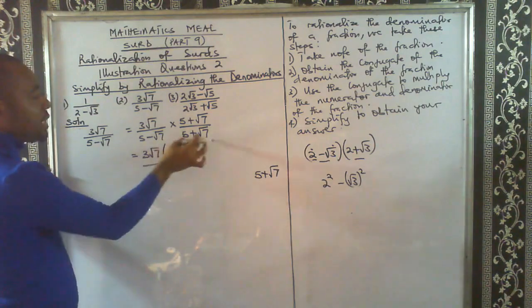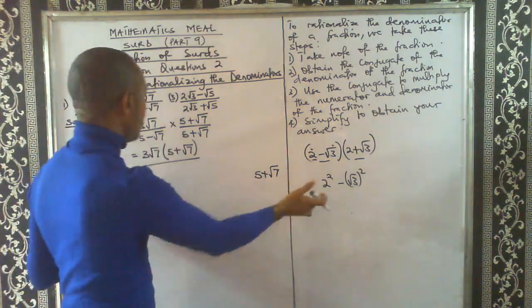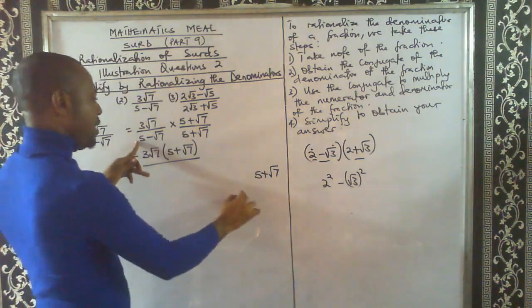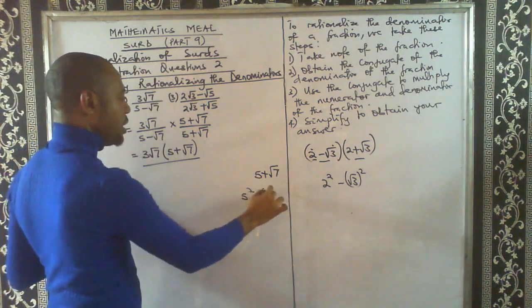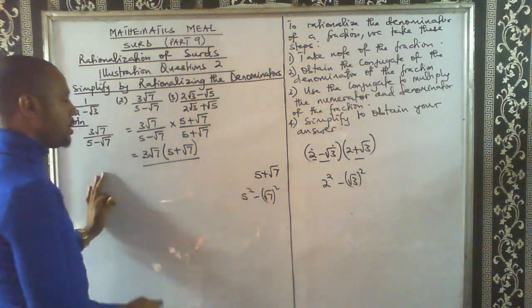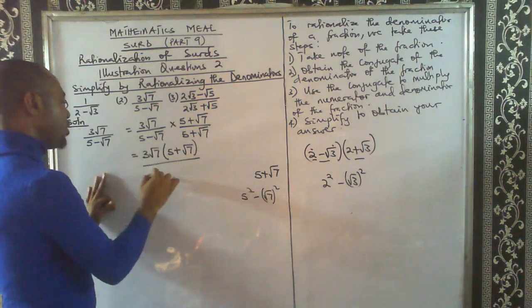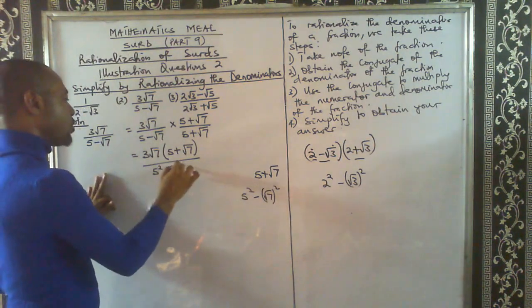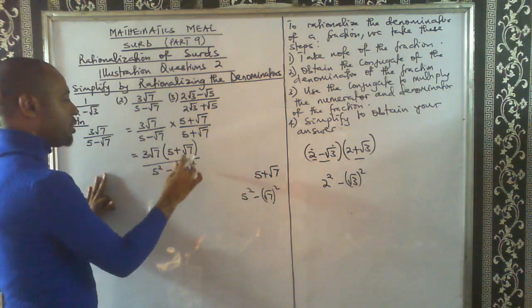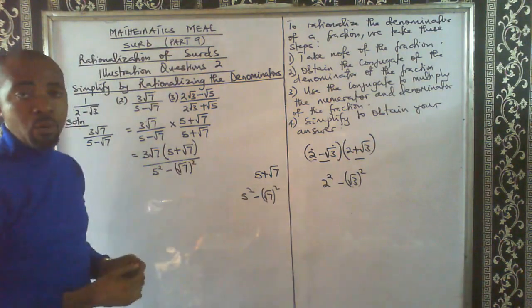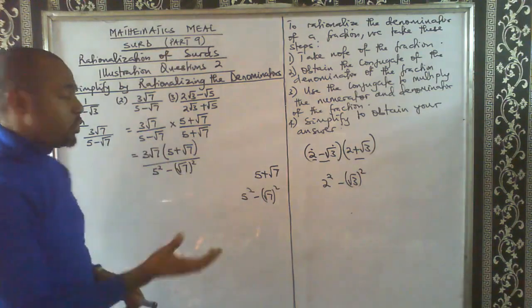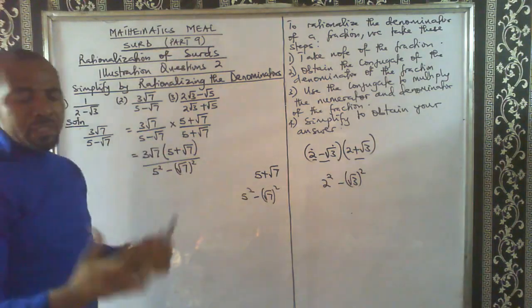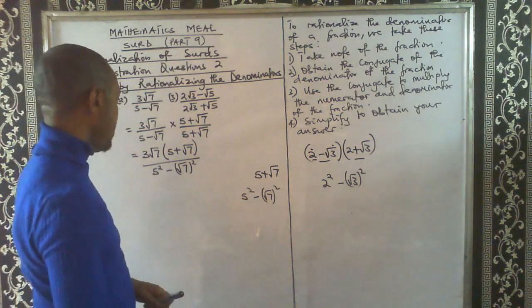All upon, now these are conjugates. We still apply our rule again. The first number is 5. I square it. The second number is square root of 7. I square it. I subtract them. So to multiply this and this, I will just do 5 squared minus square root of 7 squared. Why am I doing this? They are conjugates. And when I'm multiplying binomial conjugates, I use this rule. That's the principle of difference of 2 squares.